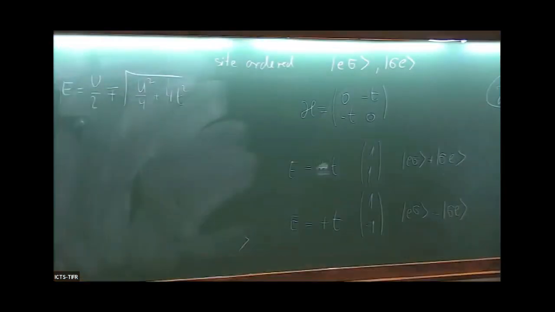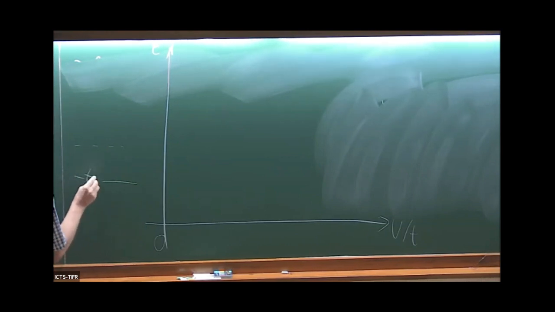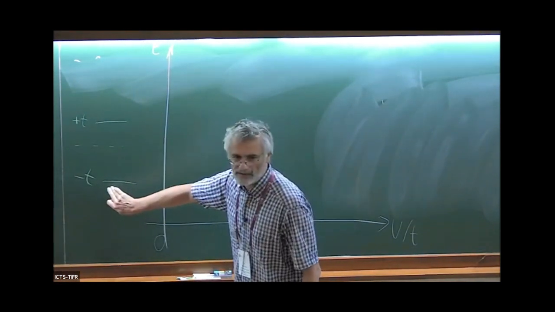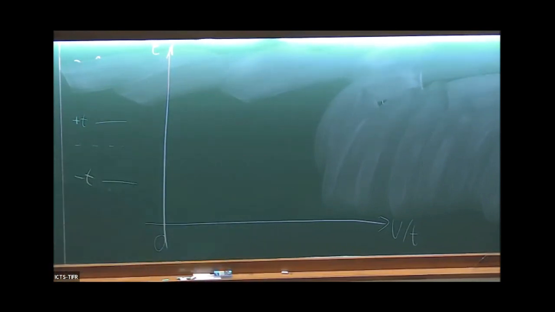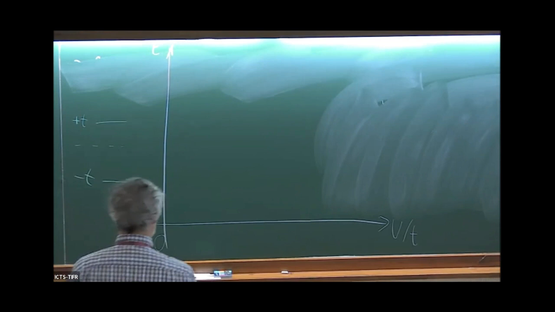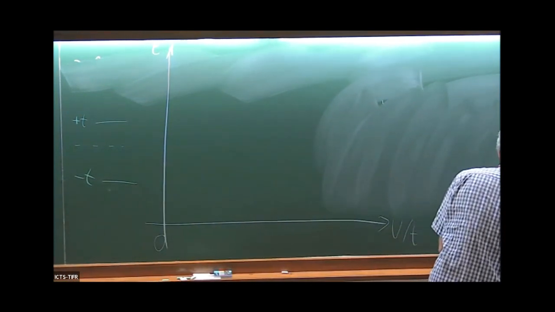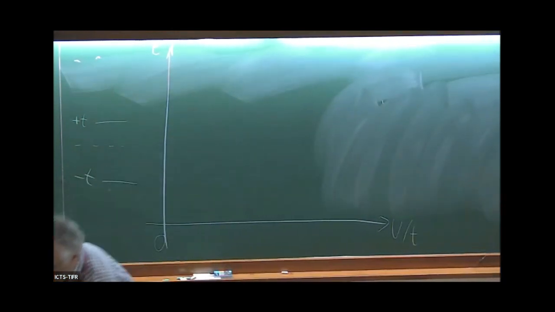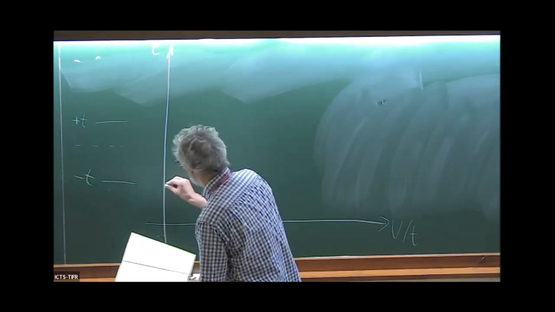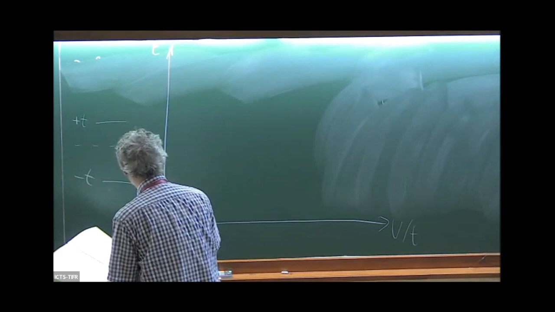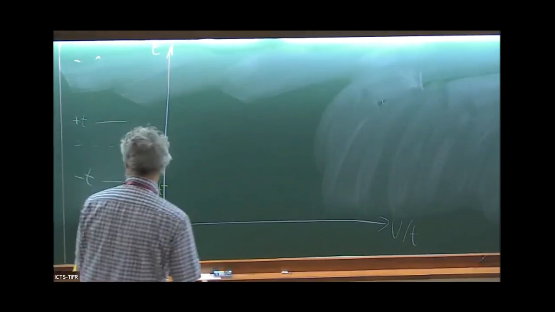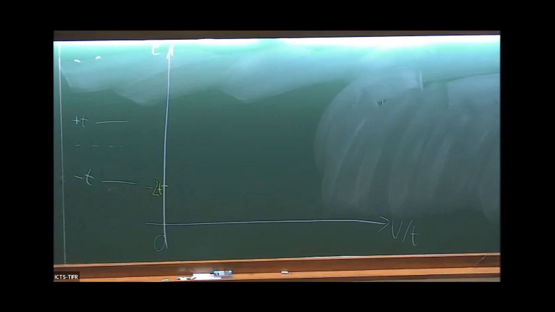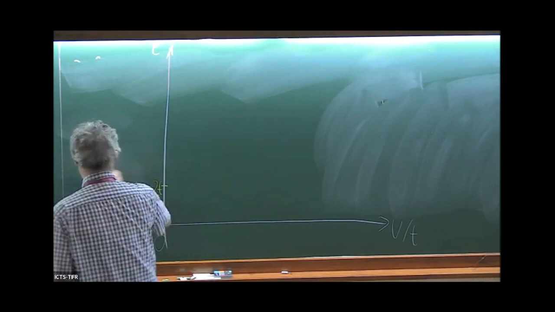We have two orbitals, the minus T one and the plus T one.